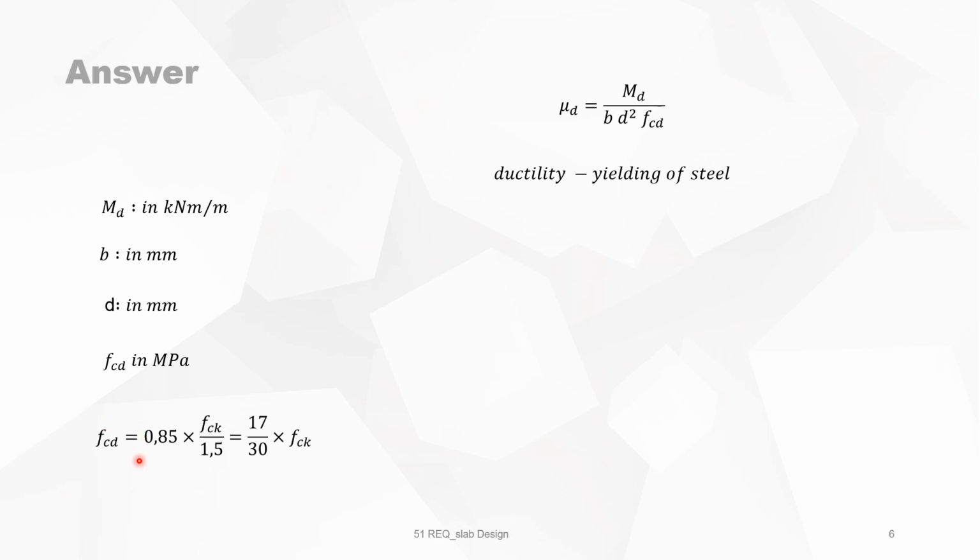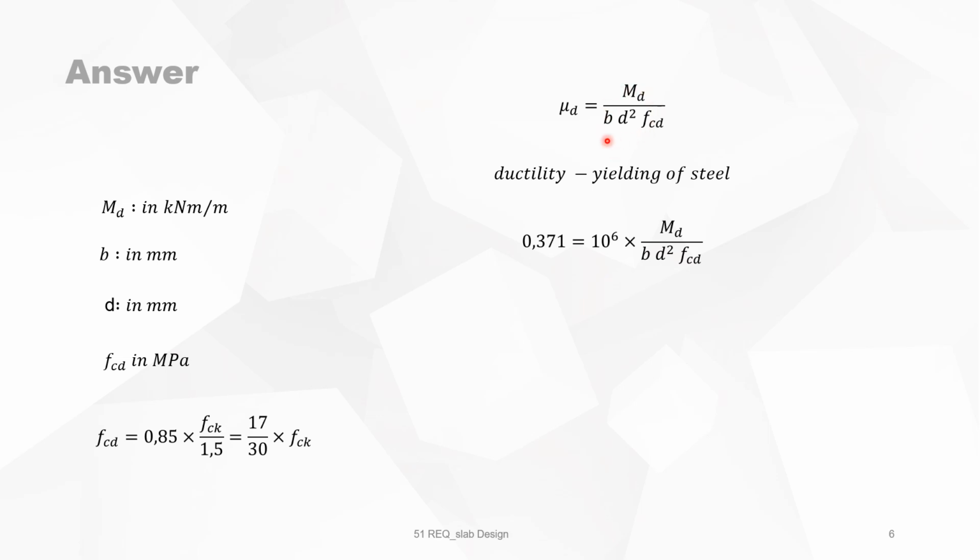So fcd is 0.85 times concrete quality divided by the material factor, and it's then equal to 17/30 of fck, the characteristic value of the concrete compressive strength. So now we know that mu d was 0.371. That's what we want to achieve.